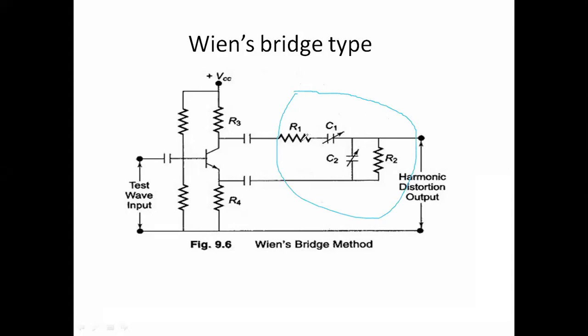It is a combination of R1 C1 and R2 C2, and this combination we can call a Wien bridge combination. Here, C1 is equal to C2, R1 is equal to R2, and R3 is equal to 2R4.